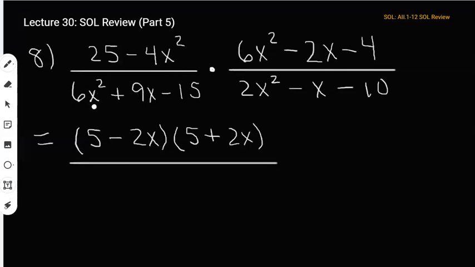Now in the denominator, what can I take out of everything? The 6, the 9, the negative 15, they can all be divided by 3. And when I take out that 3, I'm going to be left with 2x squared plus 3x minus 5.